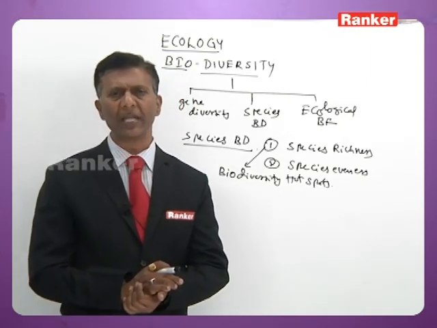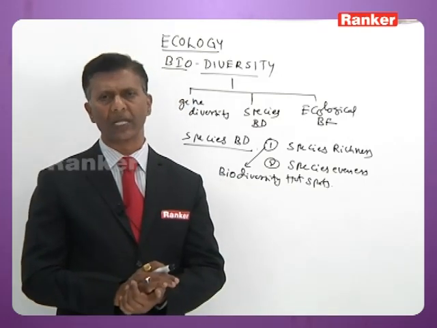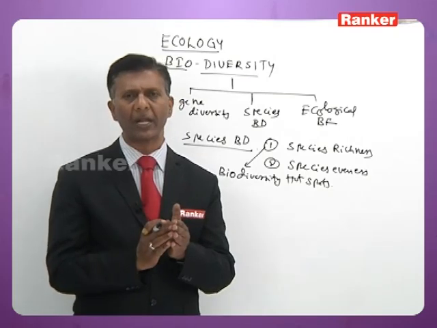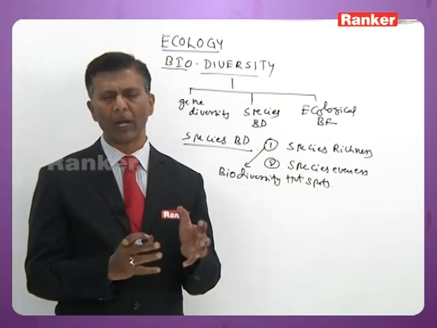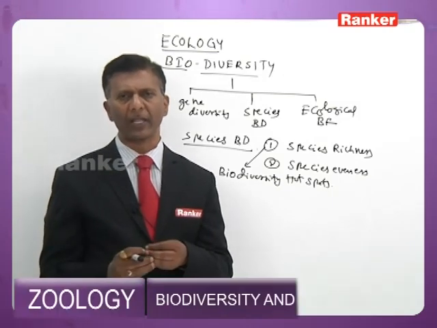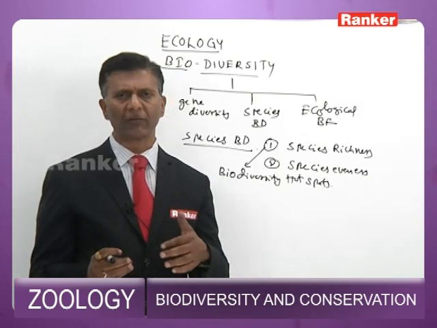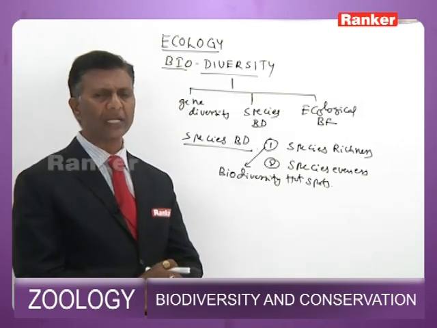When the species evenness is high, species richness also increases. For instance, if in a particular habitat there are more antelopes, more deer, and more of other fauna, then because of more species evenness, that particular area is rich in its habitat.